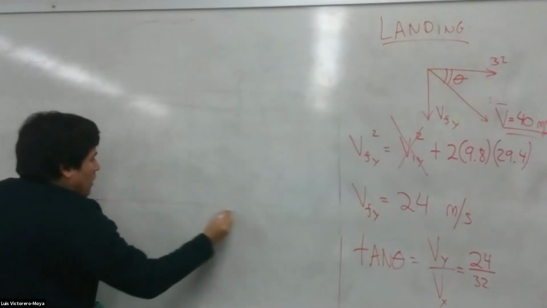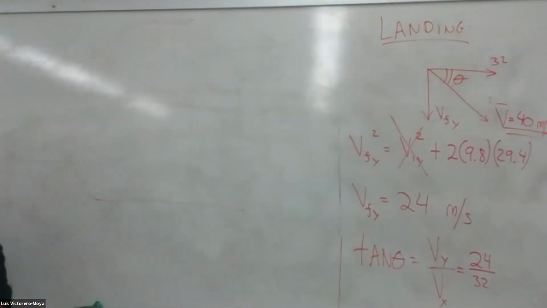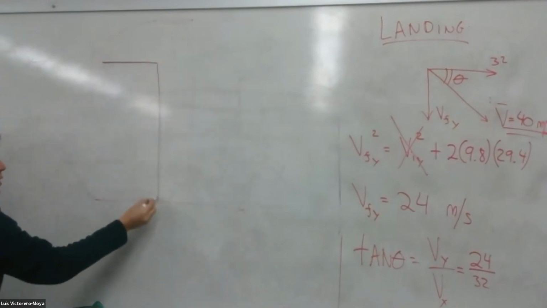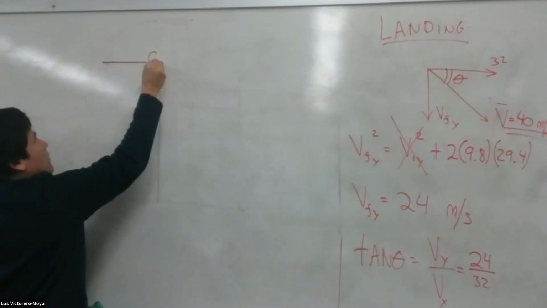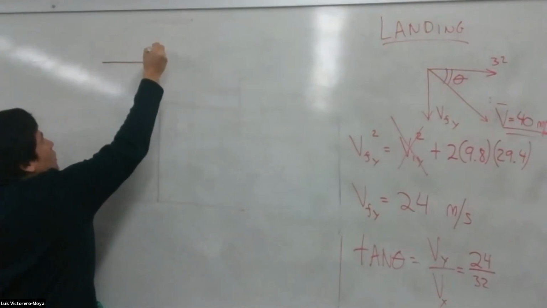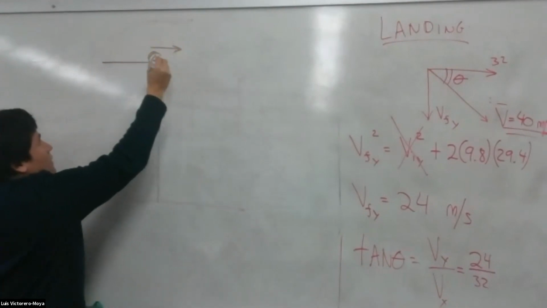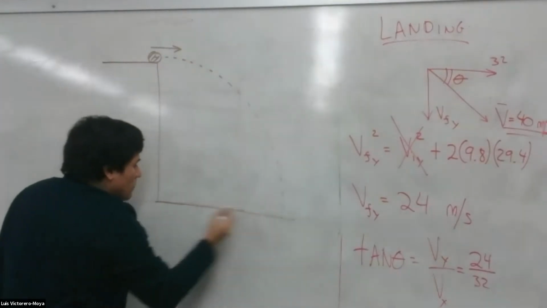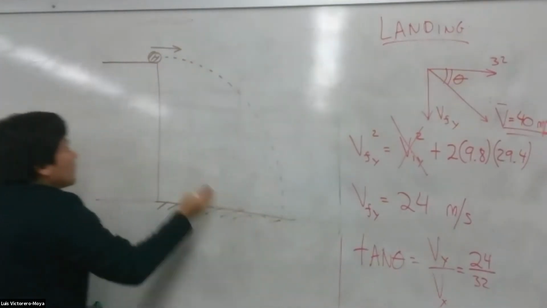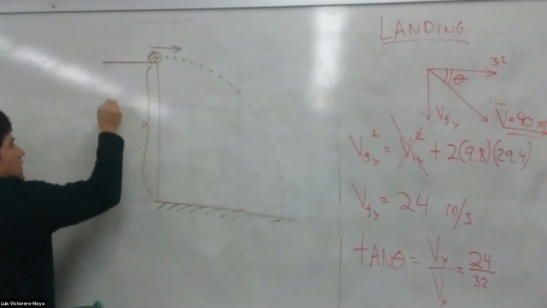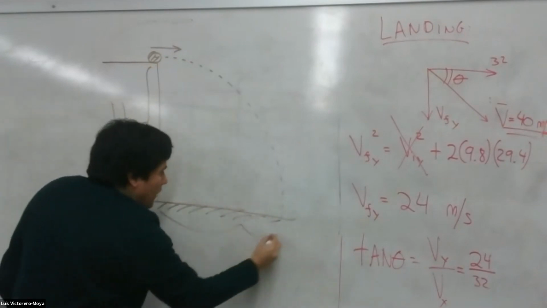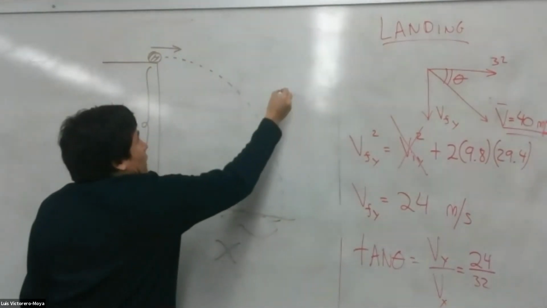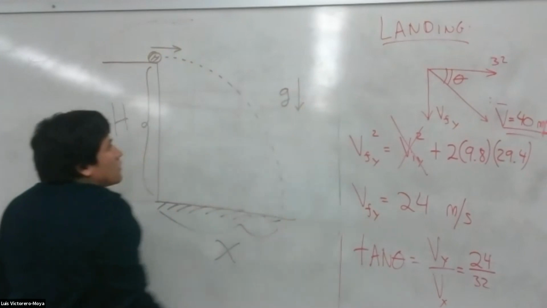So you have a building, or you're on top of a building, and you kick a ball horizontally. It will do this. From a certain height h, it will get some range x, and gravity will make it go down, of course.